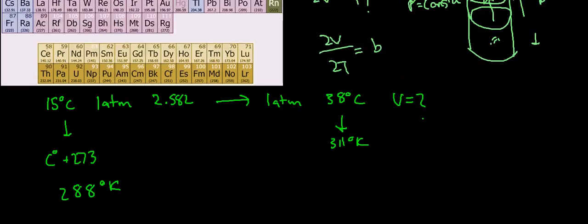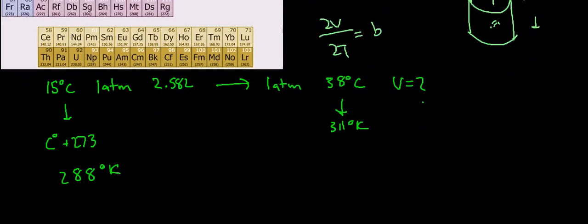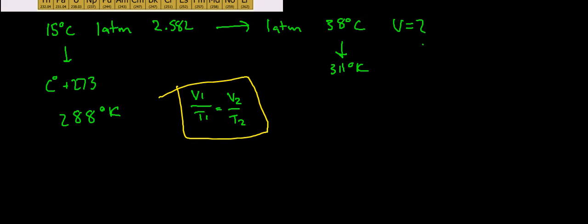But what I'm going to need to do is use my law. V over T is equal to a constant. So I can change that law to be V1 over T1 is equal to V2 over T2. And this is in fact how many books write out the law. I'll circle this. It's not the answer, but this is what I'm going to use.